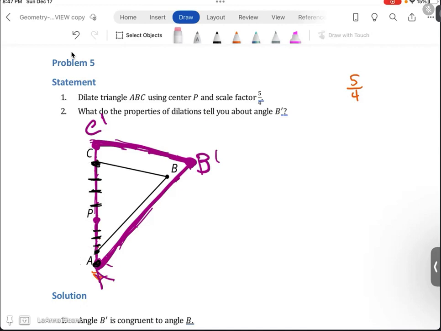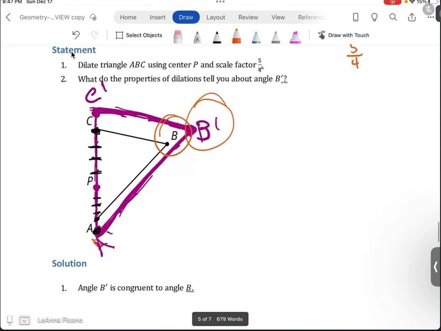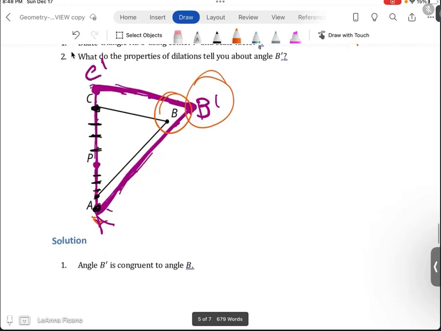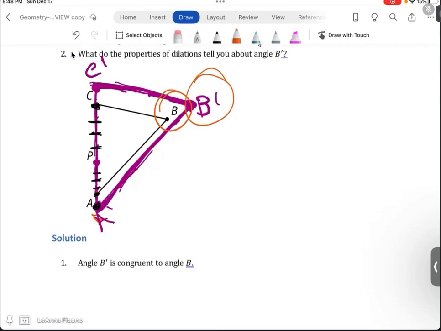It's not easy, but I knew I was counting by fours and I knew I was moving a scale factor of 5 fours. So I do end up with a bigger triangle. And what do the properties of dilation tell you about B prime? Of course, B prime and B are congruent, because dilations do not change the size of the angles, just the measurements of the sides.